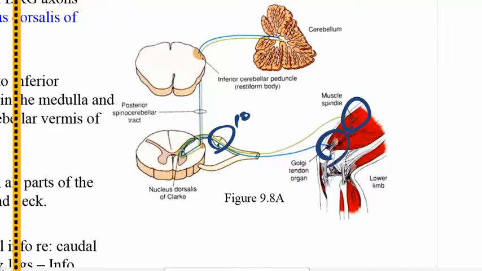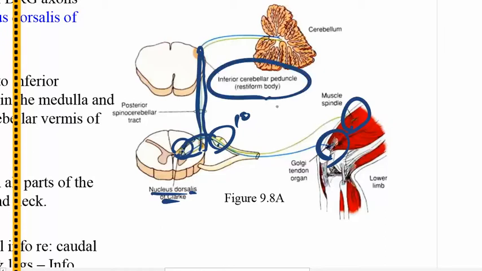The axons are going to move and synapse here at your nucleus dorsalis of Clarke. From here, it's going to move up like so, and again, this is the inferior cerebellar peduncle. Then from here, it's going to go onto your cerebellum.